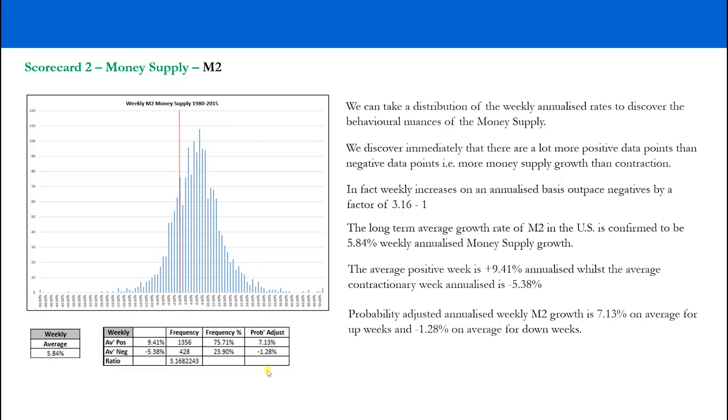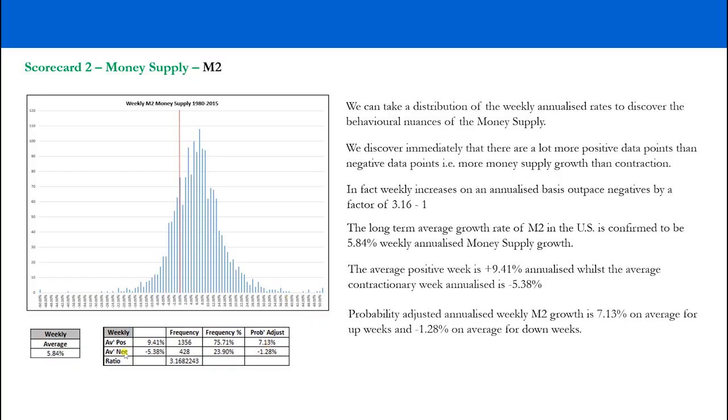And obviously we do have some zero values as well. But we look at the probability adjusted move on a weekly basis, and on an average positive week, the probability adjusted week move is plus 7.13%.